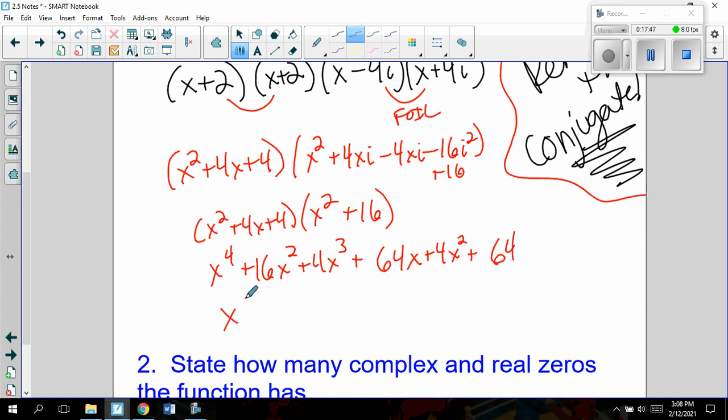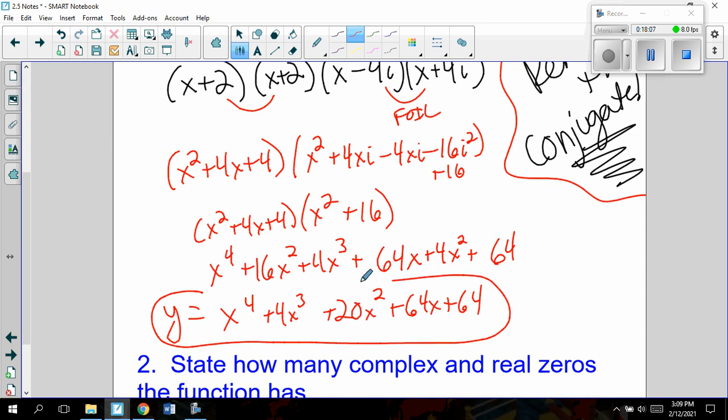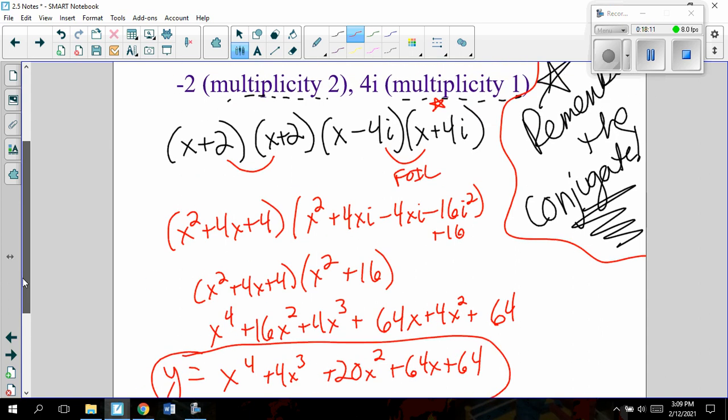Okay, so final x to the 4th, where's my cubic? Plus, there it is, 4x cubed plus 20x squared, and then I've got my 64x and my 64. So I'm going to put a y equals because it said write the polynomial. So there's your equation of the polynomial that has those 4 zeros.